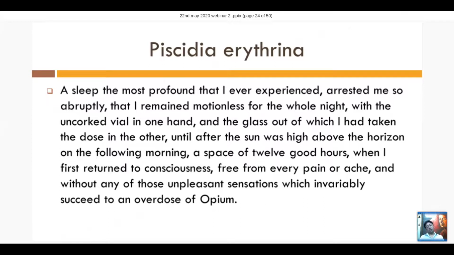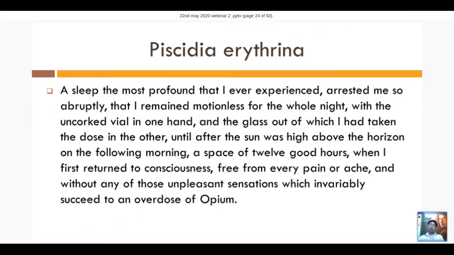If undisturbed, he sleeps for hours together, and moreover, he sleeps while working. Right? Who will sleep while working? Even while driving a two-wheeler, we sleep while driving a four-wheeler because of the comfort, the AC is working. We feel relaxed. But he falls asleep while driving a two-wheeler. So profound is the sleep.